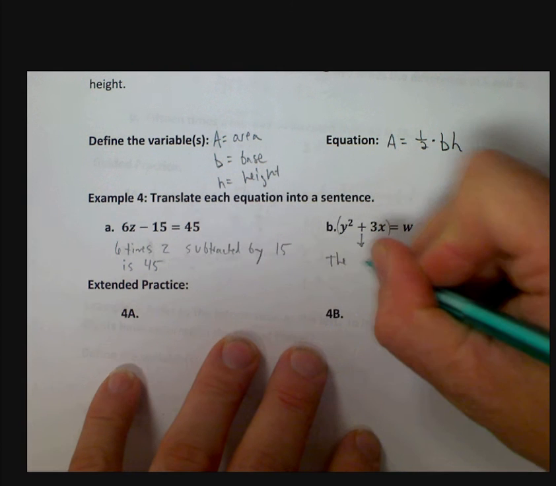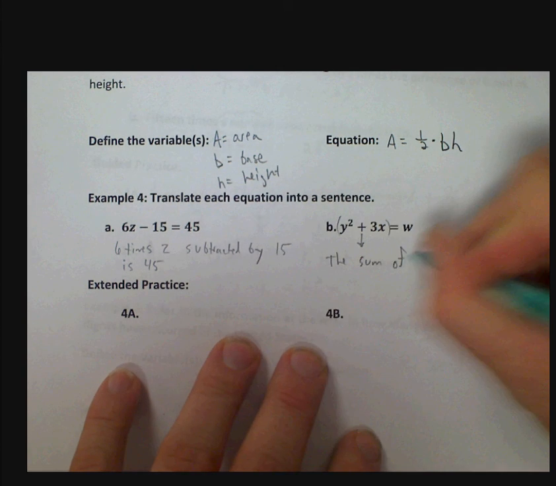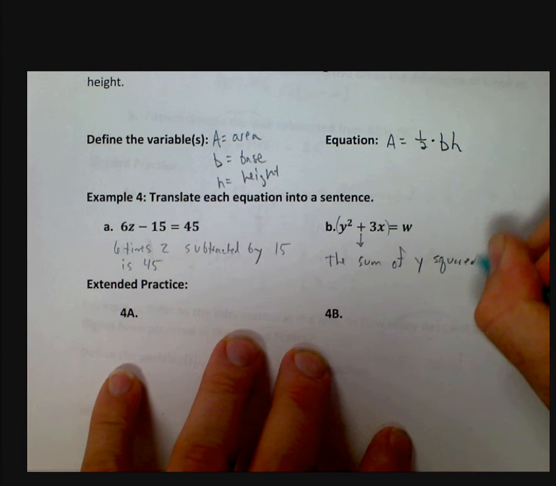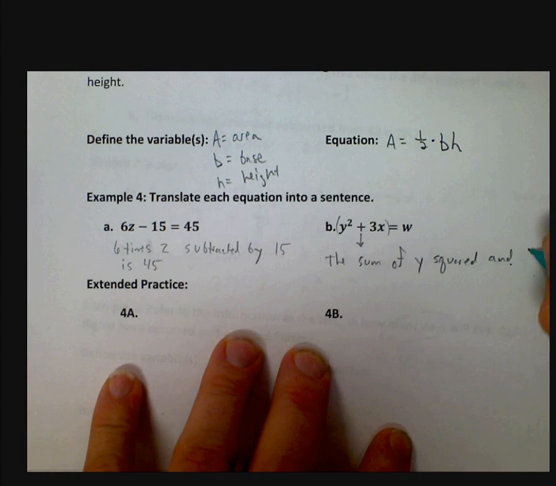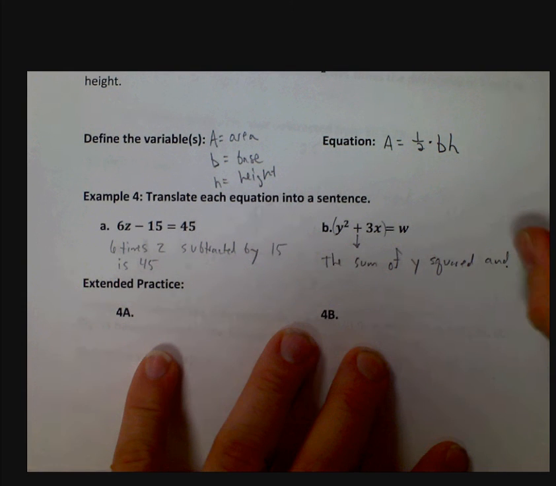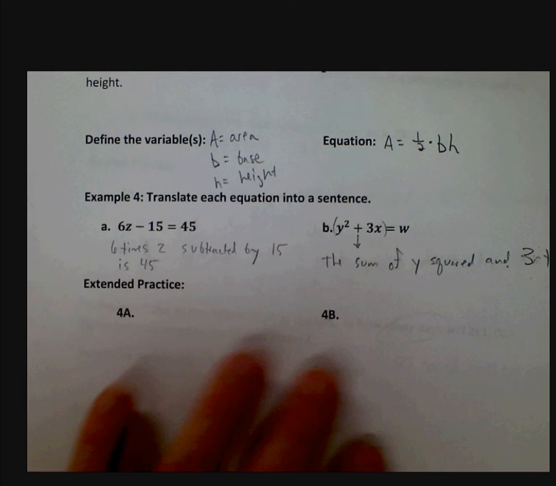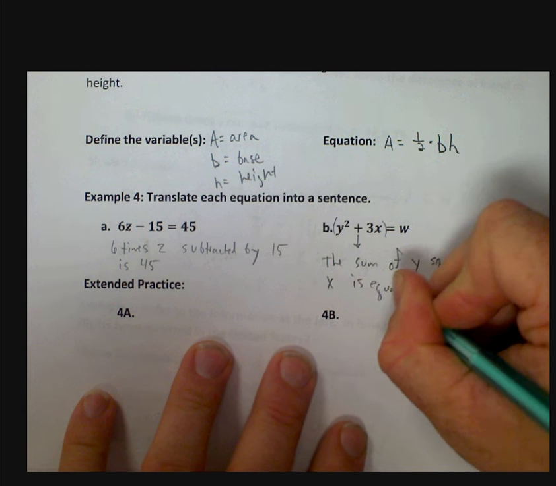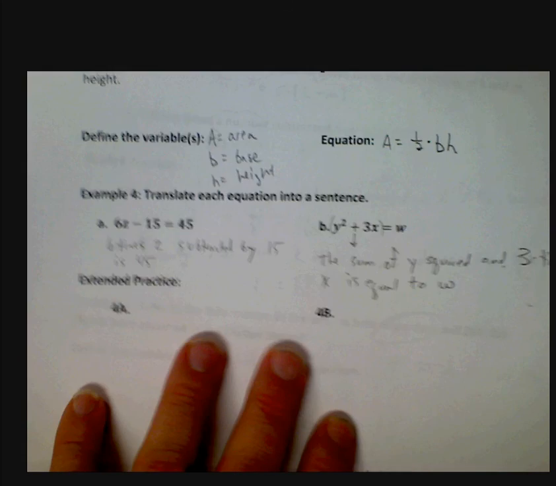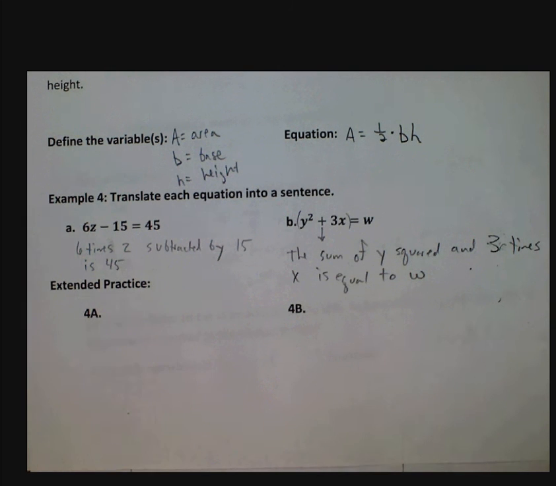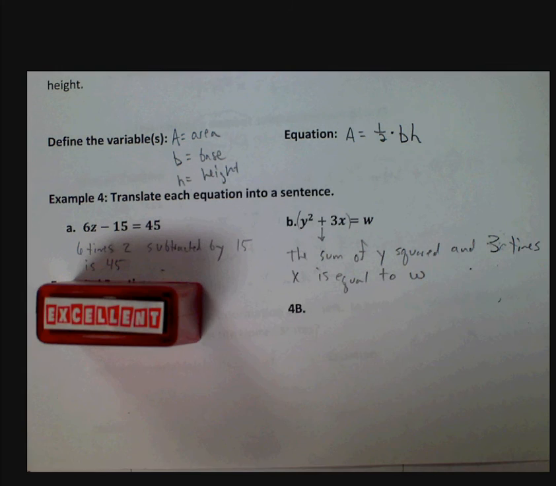Let's say the sum of y squared and 3 times x is equal to w. That's one way in which we could write it if we wanted to. There are many ways in which to do it. Go ahead and try for A.